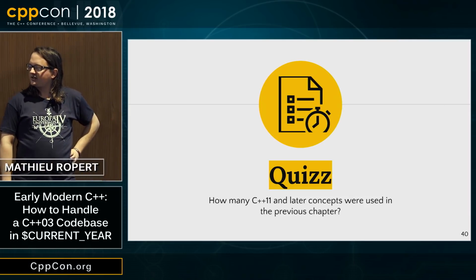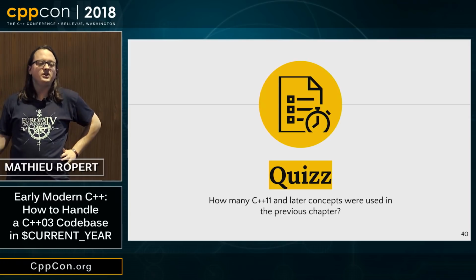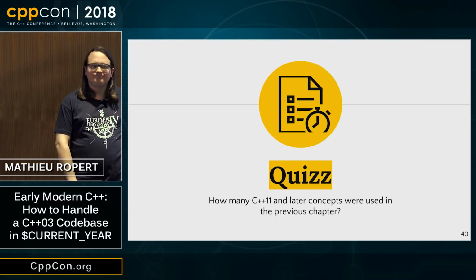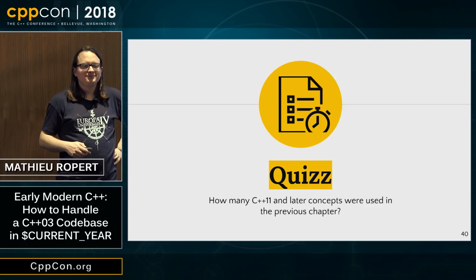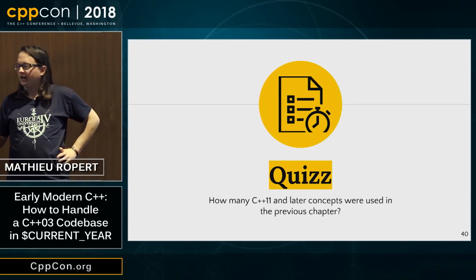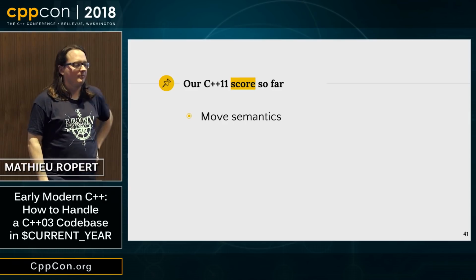So how many C++11 and later concepts or features have been used in the previous chapter? Not zero. Yeah, there was enum class. I added that at the latest minute to the slides and I forgot to patch this one, but you're right. But we mentioned move semantics at some point.